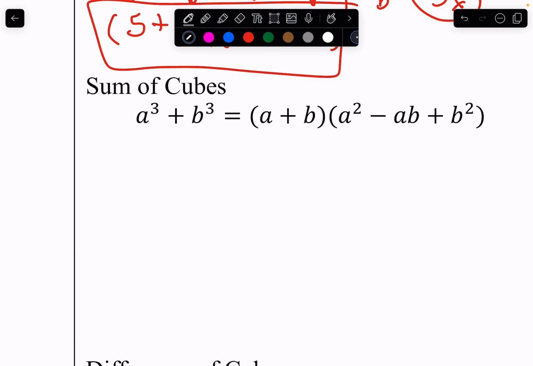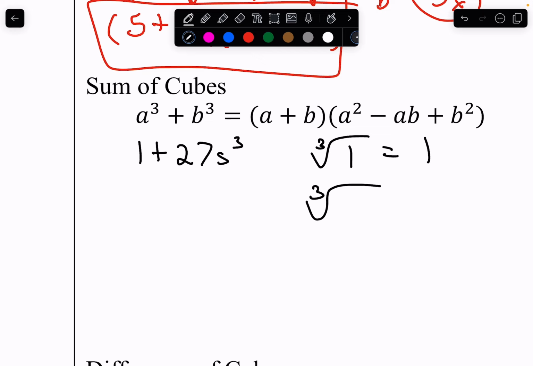In this case, we have 1 plus 27s cubed. The cube root of 1 is 1, and the cube root of 27s cubed is going to be 3, and whenever you're cube rooting something, you divide the power by 3.